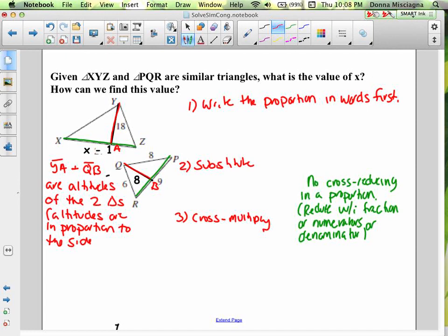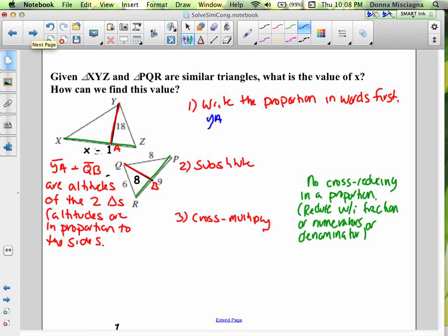All right, so now let's set up our proportion in words first. We're going to use the altitude, and we already labeled what that altitude was called, YA. And I'm just going to go from top to bottom.